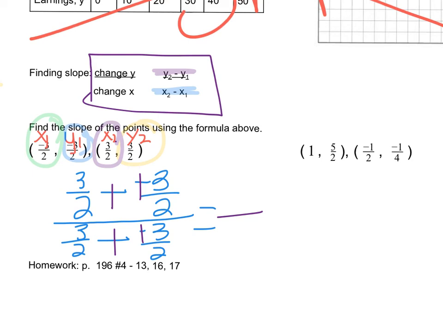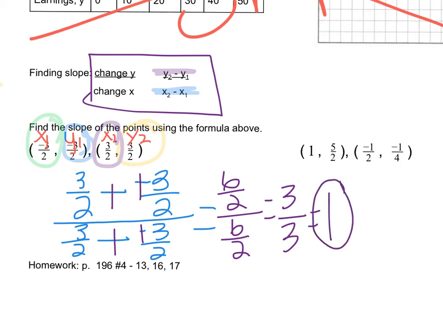Now, if you did the math in your head, you're going to get 6 over 2, okay? And here we have 3 over 2 plus 3 over 2, so again, 6 over 2. Now, if you needed to go that extra step, or you did it in the calculator, so 6 over 2 is 3, and 6 over 2 again is 3. So that tells us that our slope is 1, okay?